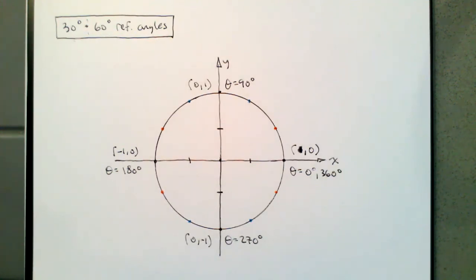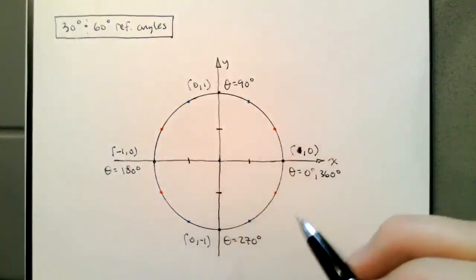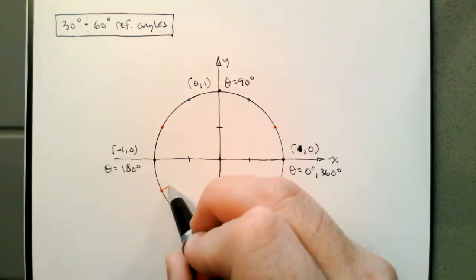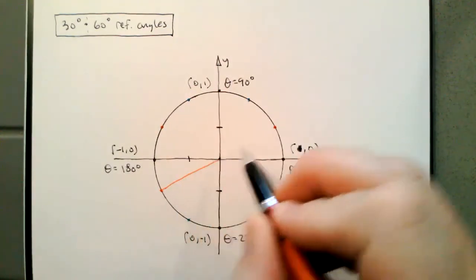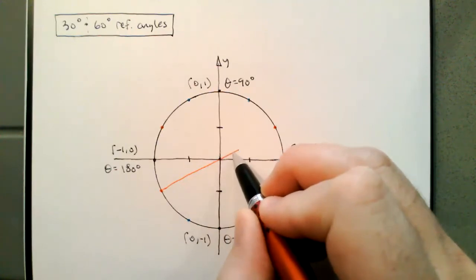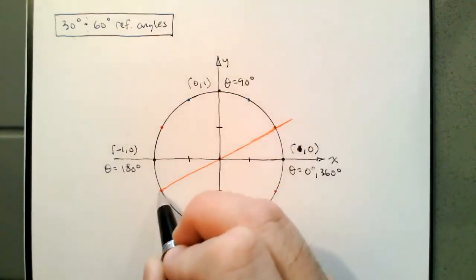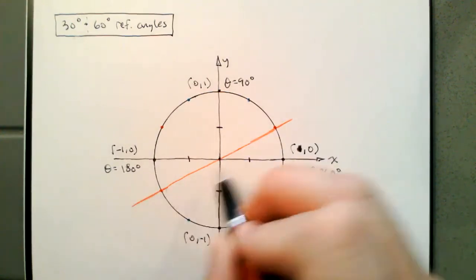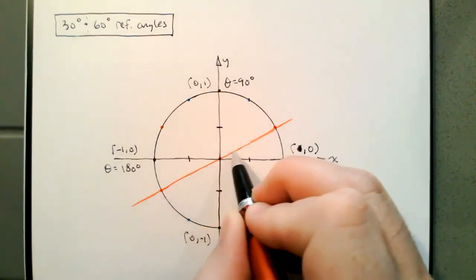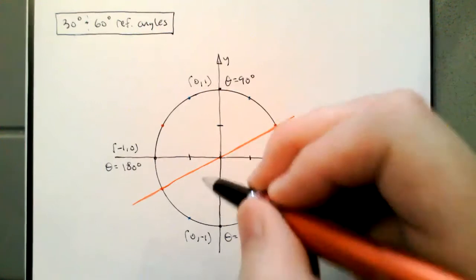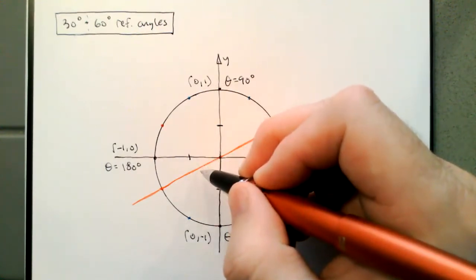But let's draw our 30-degree reference angles. So here's 30 degrees in quadrant 1, and 30 degrees in quadrant 3.